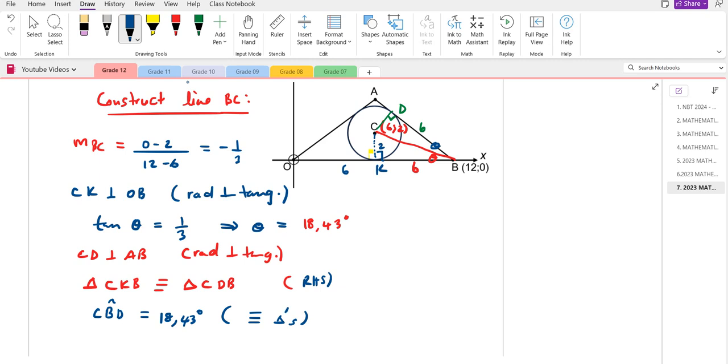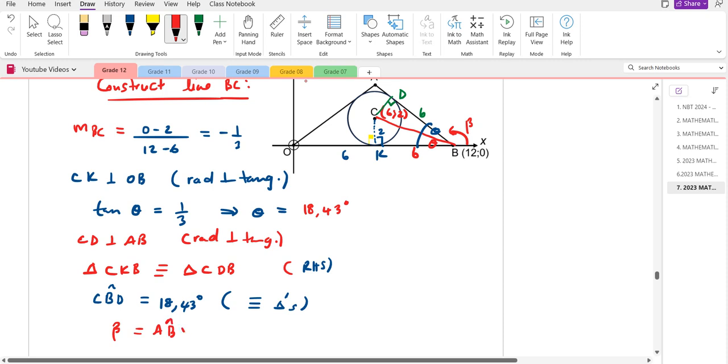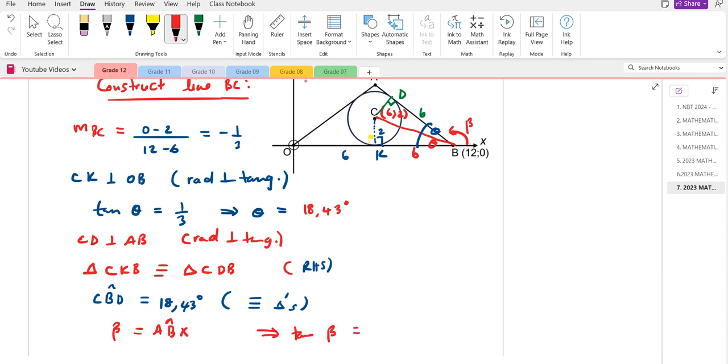So now this entire angle over here is, so what's the angle of inclination on the outside? Example ABX, that's the angle of inclination. Let's call that beta. So beta is equal to ABX. So what we can say is tan beta is equal to 180 minus 2 theta.